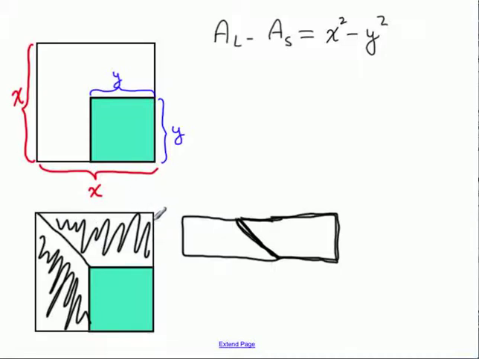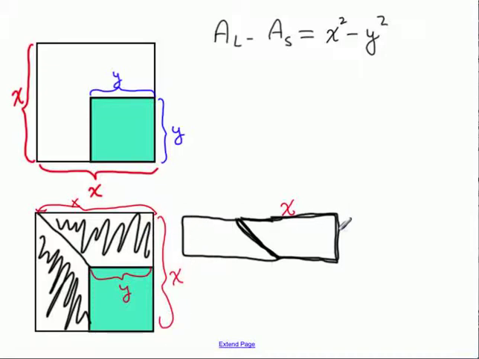Before, we agreed that this here had a length of y, and this here had a length of x. This side length here is the same as this side length here. So this one is x, and this one is x along here.